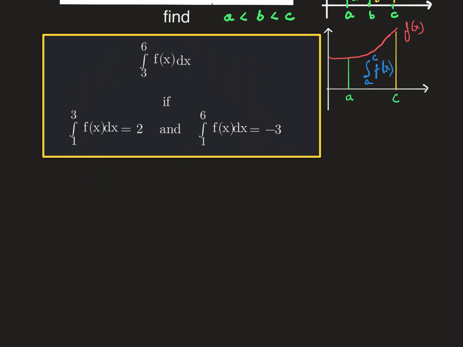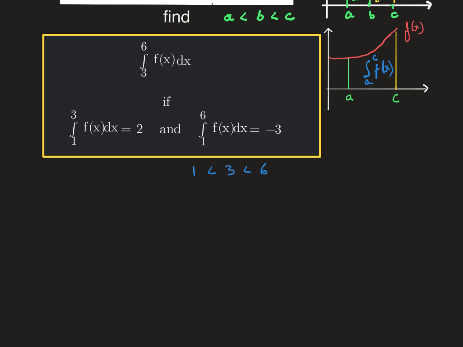We see that we have a lower limit of 1, we have a limit of 3, but we also have a limit of 1 and 6. So we could put them in order and say that 1 is less than 3 is less than 6.